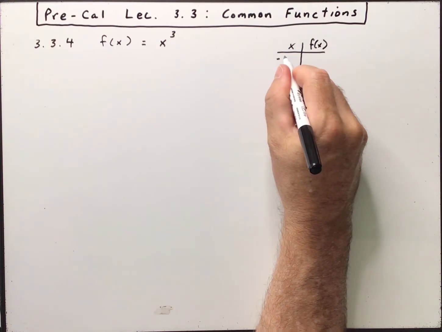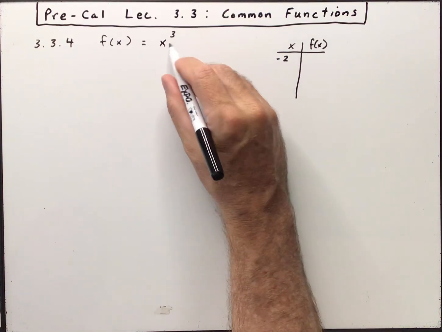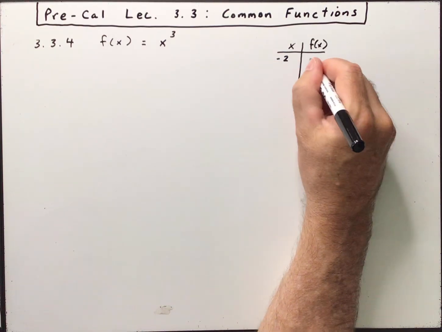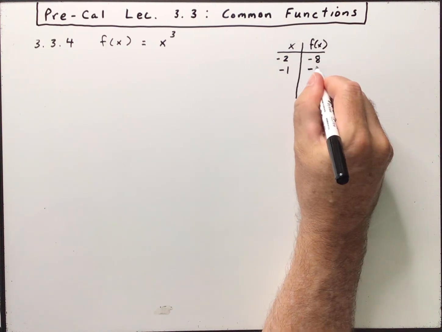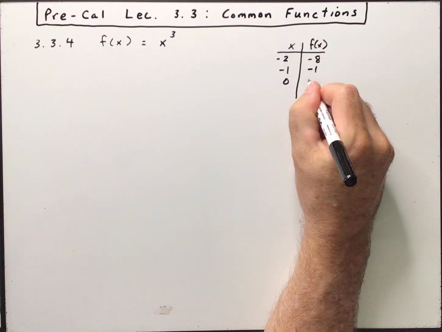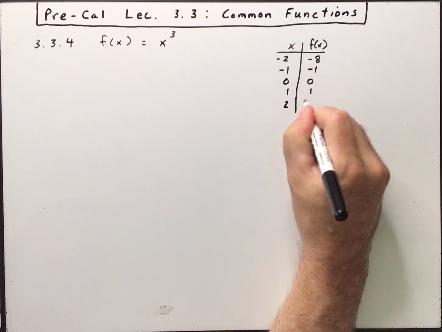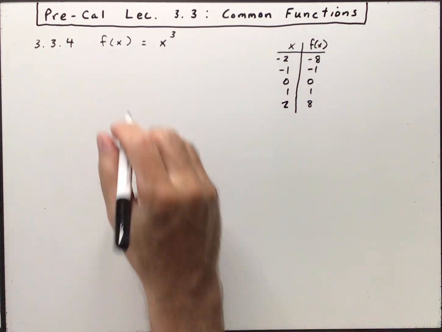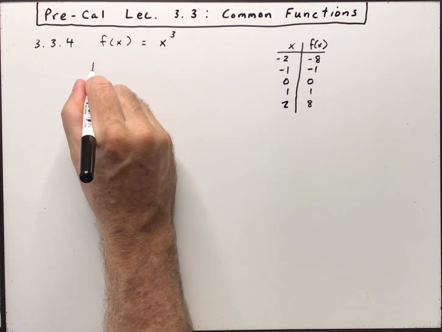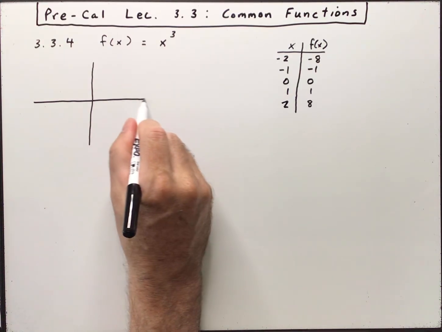So if x is negative 2, negative 2 times negative 2 times negative 2, cube negative 2, that's negative 8. Negative 1 would be negative 1. 0 cubed is 0. 1 cubed is 1. And then 2 cubed is 8. So this particular function, the values can go negative.